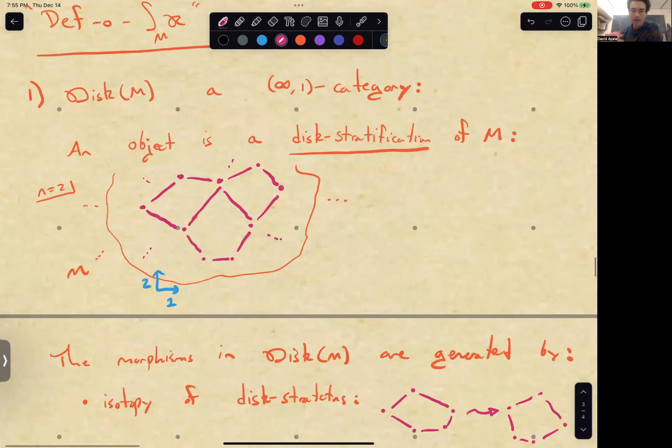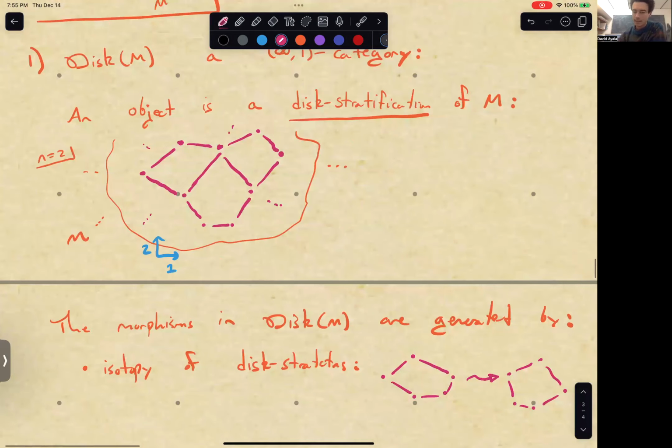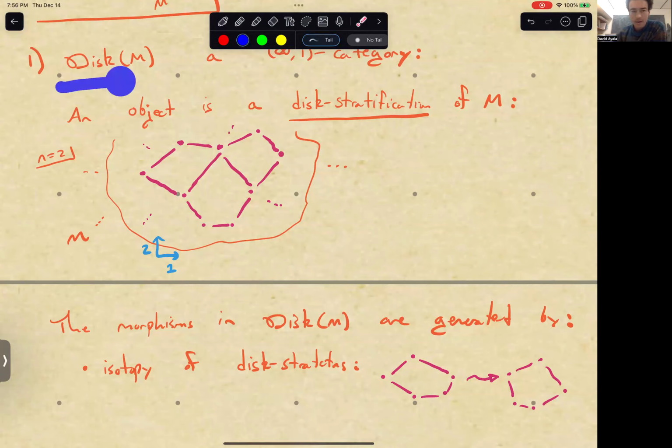I'll say as a remark, this does not look like a rigorous definition of anything. And one way to define this rigorously is to define this as a stack on stratified spaces, where you say that an S-point of it is a stratification of M cross S whose fibers over S are disk stratifications. Essentially, that's it.